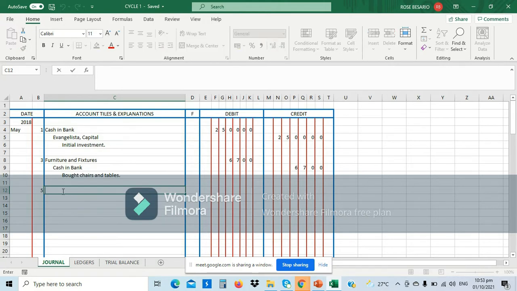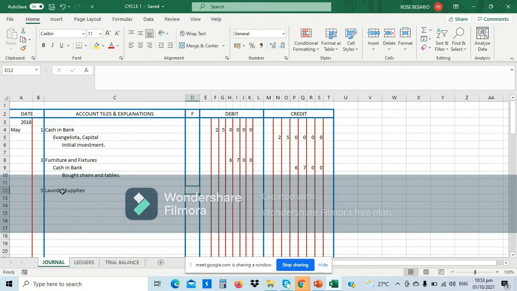Then next we have May 5. So again, you skip one space. Then you have bought laundry supplies on account from Subic Supply Incorporated, 3,250. So we debit laundry supplies in the amount of 3,250.